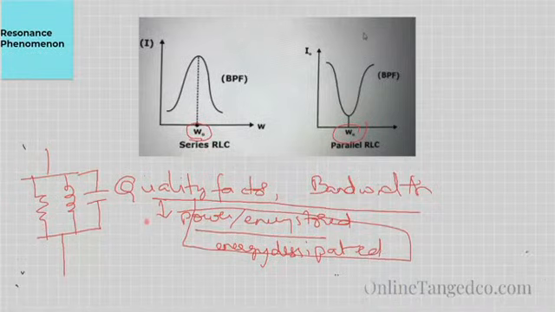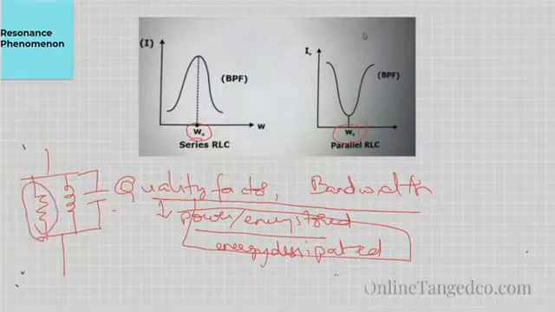The actual purpose of the resonance circuit is to match these inductance and capacitance properties and get the maximum current through the resistor. So when you flow maximum current or maximum voltage across the resistor, the power dissipation in the resistance has to be minimum, right?